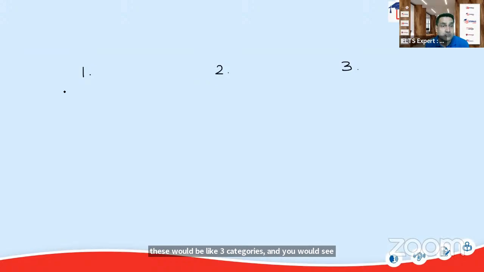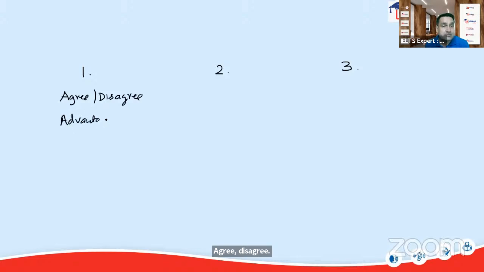So first one: agree, disagree. Then we have advantage, disadvantage. So these words are going to appear in the question itself. Then we have positive or negative trend.